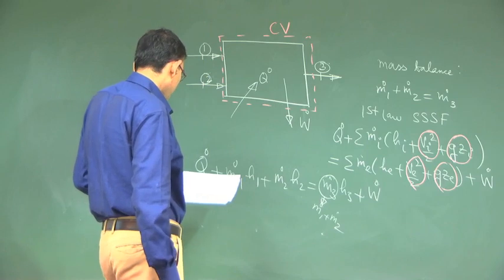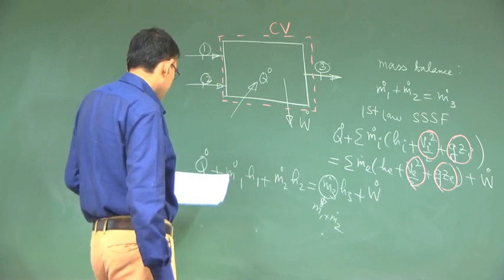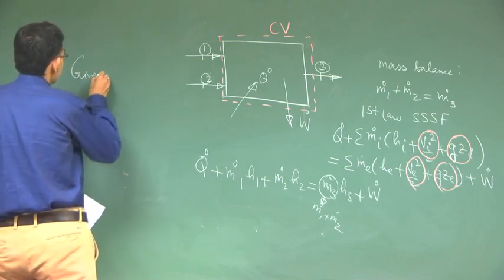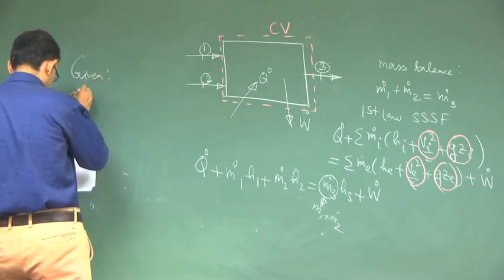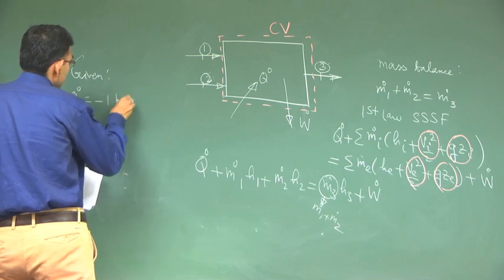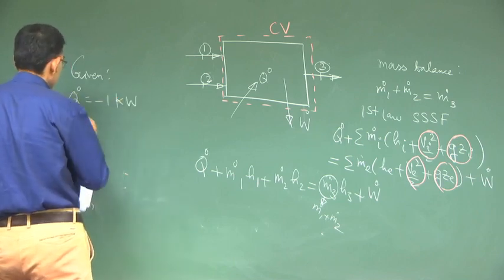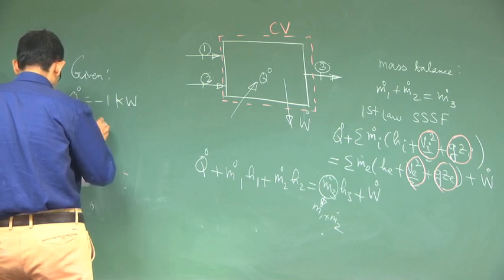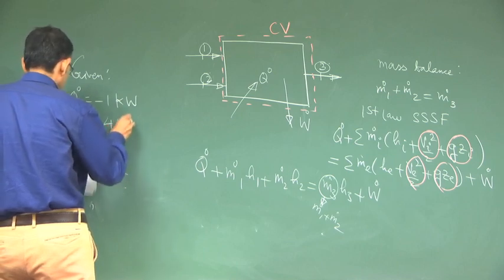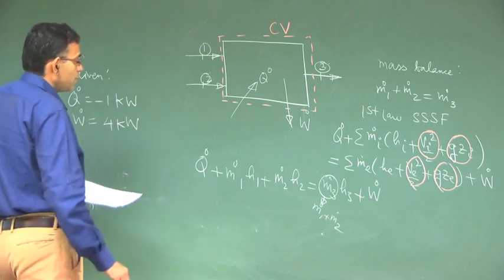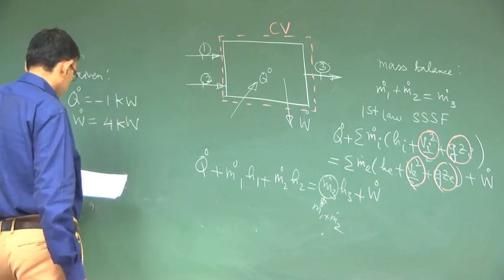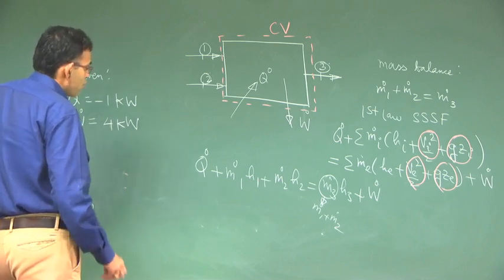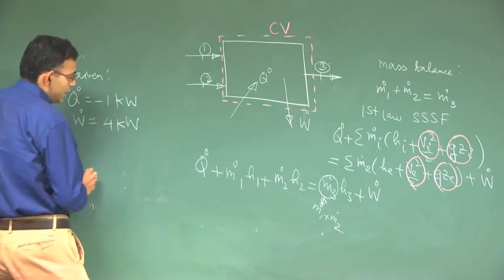So, q dot is given, so let us write the given data here. W dot is 4 kilowatt. So, now you can write q dot.